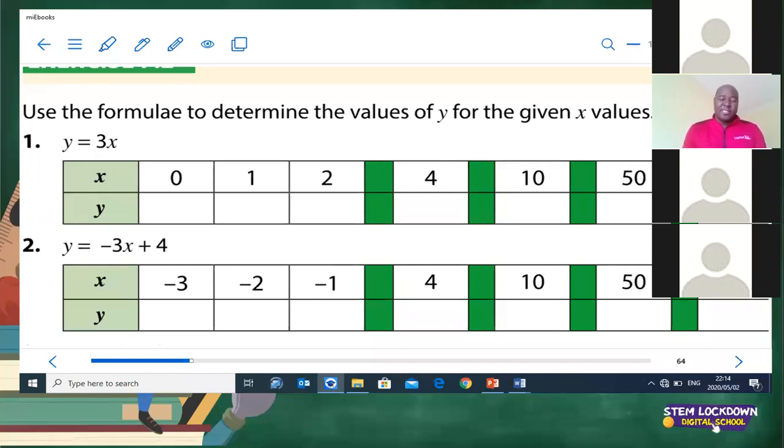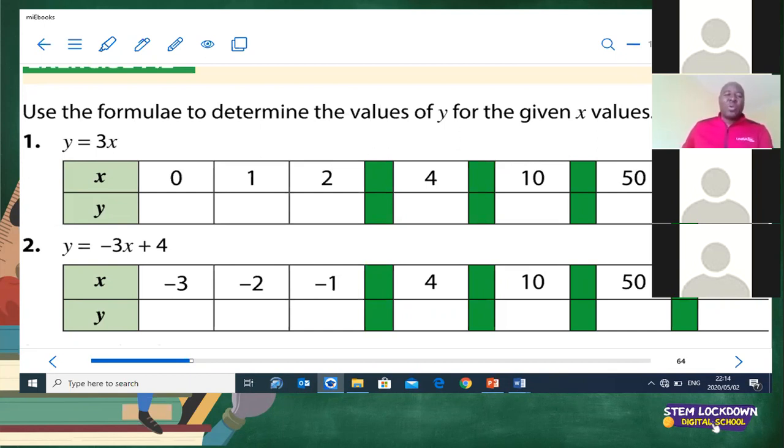And how did you find it? 50 times 3. So the value of y, which is the output value, will be 150. And that is because you multiply 50 by 3. Now we have used the first equation there, which is y equals 3x.